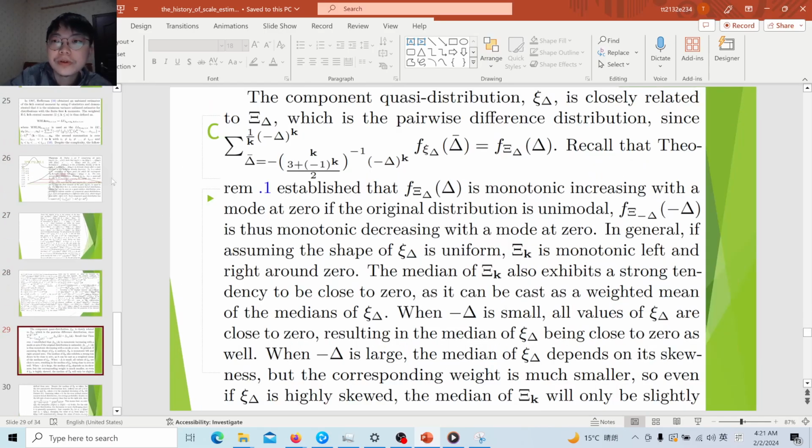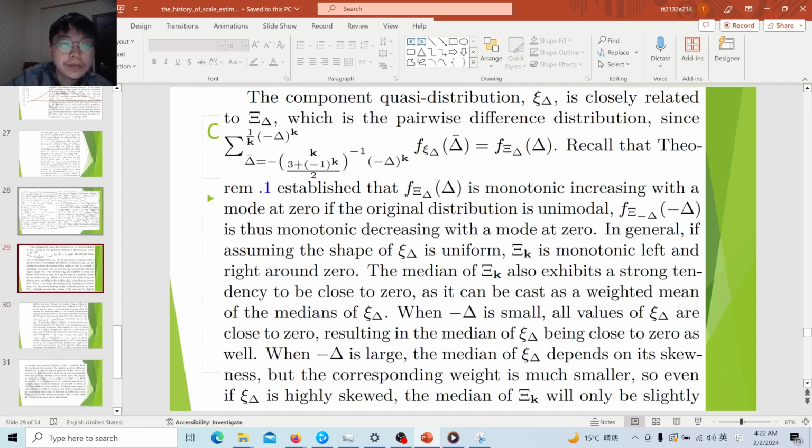But generally, this is guaranteed, because if we sum all these component quasi distributions, it equals the pairwise differences distribution, so the shape of the pairwise difference distribution guides the central moment kernel distribution and makes it monotonic increasing when the value is smaller than 0, and monotonic decreasing when the value is greater than 0.